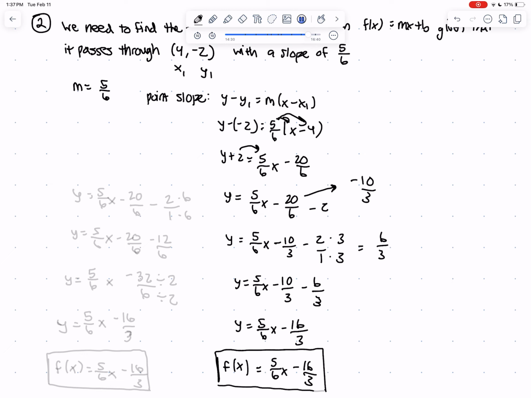Let's say I decided to reduce it differently. Let's show that. So let's say I kept it as a 20 over 6. Minus 2 over 1. And I multiplied top and bottom by 6.